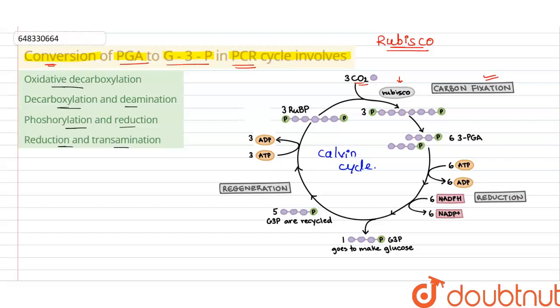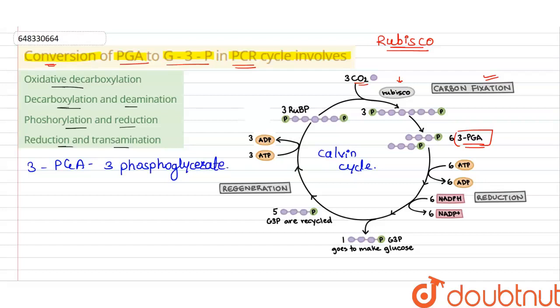After that, 3-PGA is formed, 6 molecules of 3-PGA. So what is this 3-PGA? Basically it is 3-phosphoglycerate, that will be said as 3-PGA.